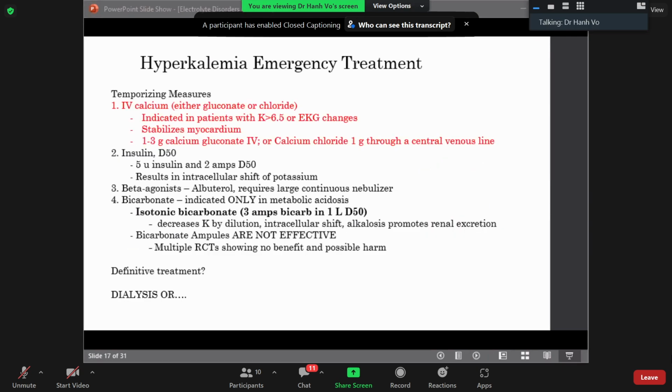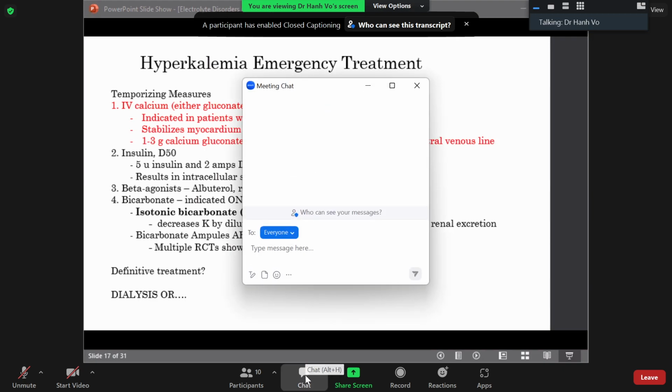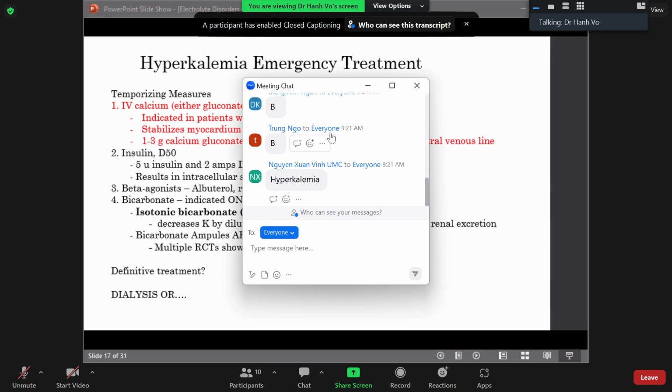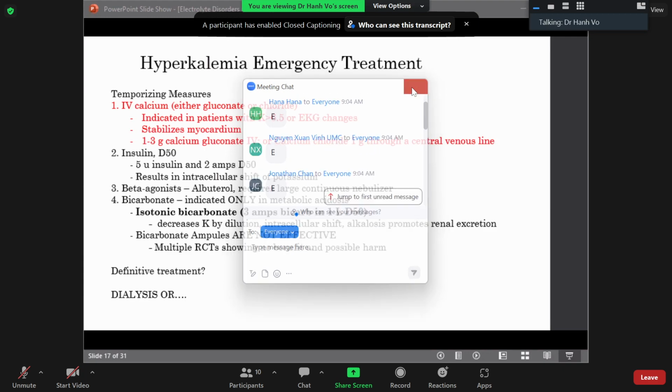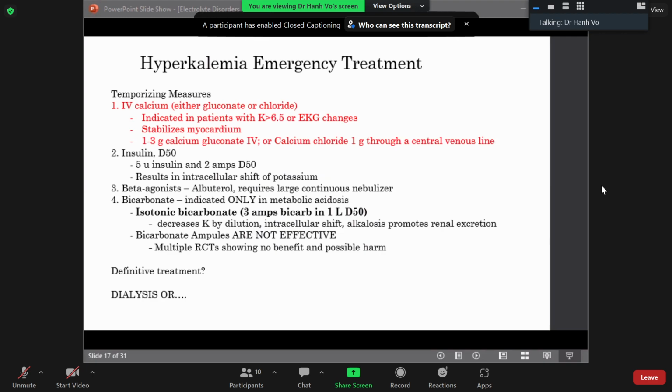For the temporary measure in hyperkalemia emergency treatment, we give calcium to stabilize the myocardium, indicated in patients with potassium larger than 6.5 or changes in the EKG.